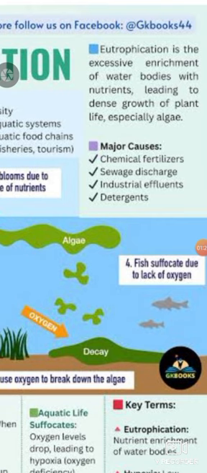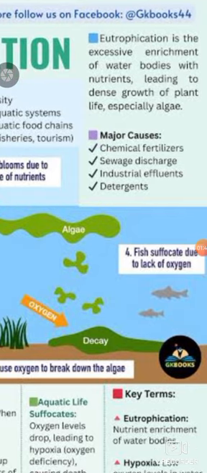So the major cause of eutrophication is mainly leaching after rainfall, especially when there's a yield, and maybe the river is below that yield.